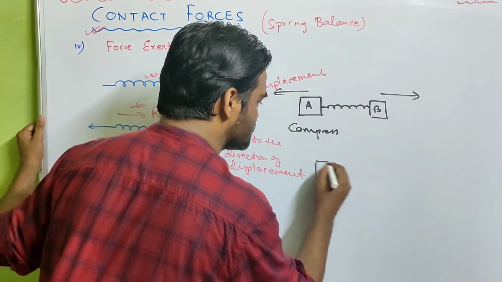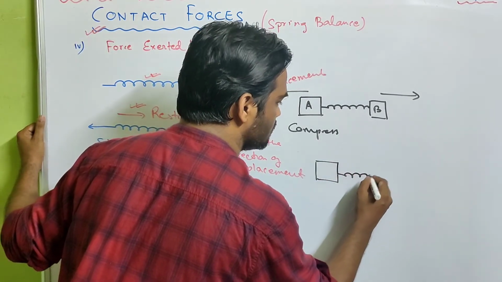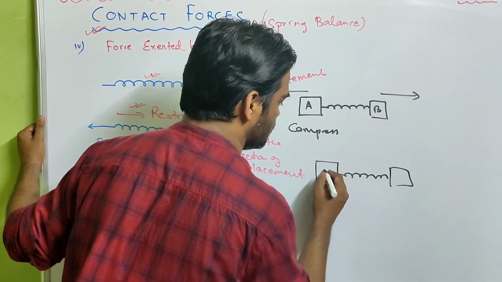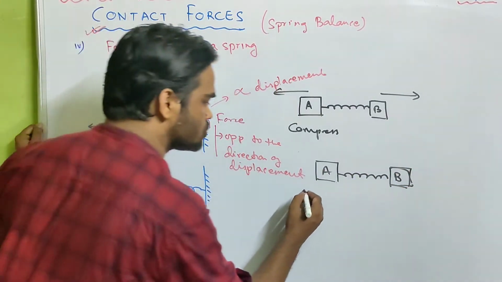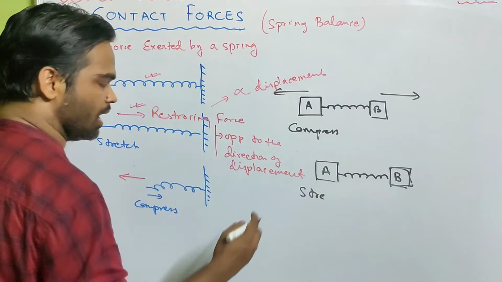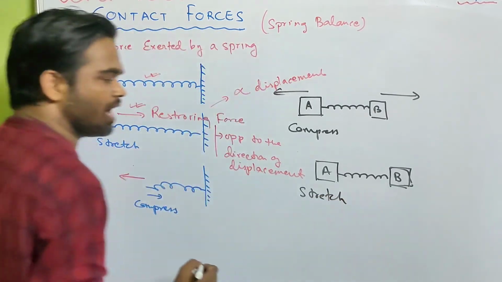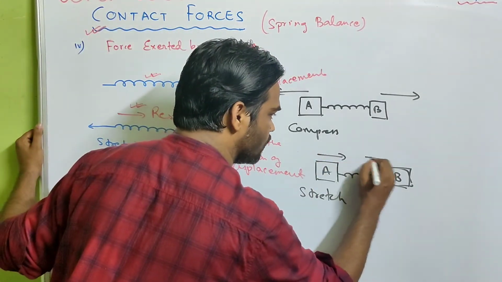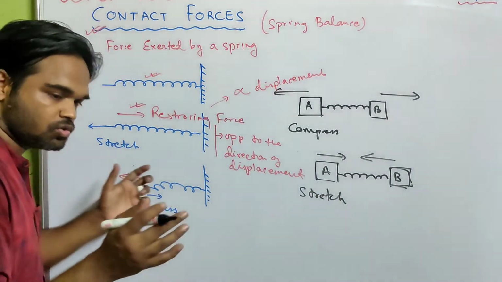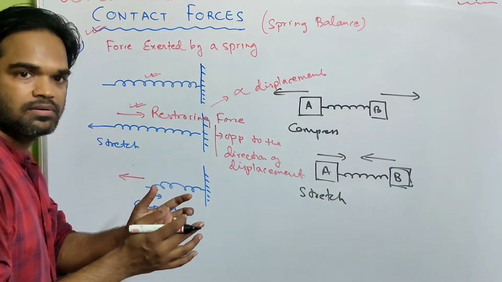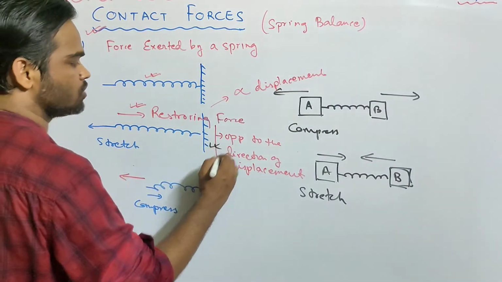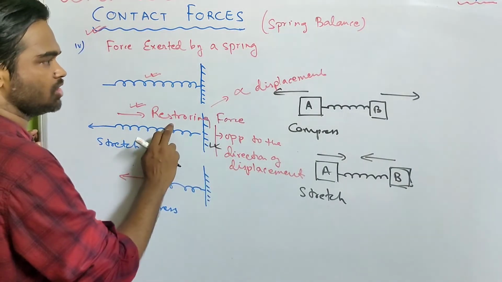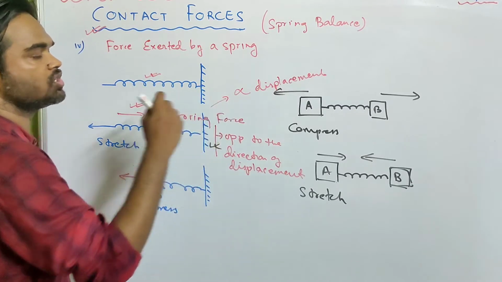But if you try to pull them apart, then the restoring force acts in this direction and will try to pull them back towards each other. Am I clear? Just remember, it is opposite to the direction of displacement and its magnitude is directly proportional to the displacement.